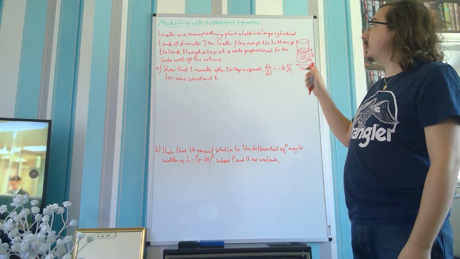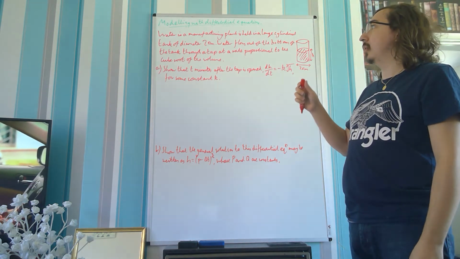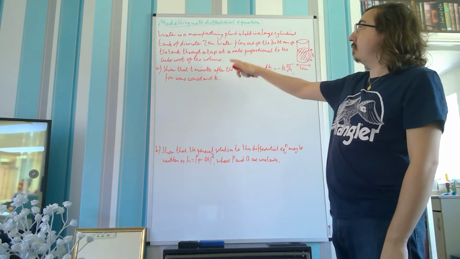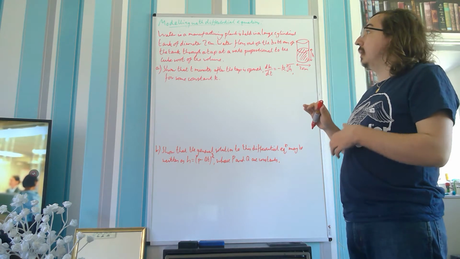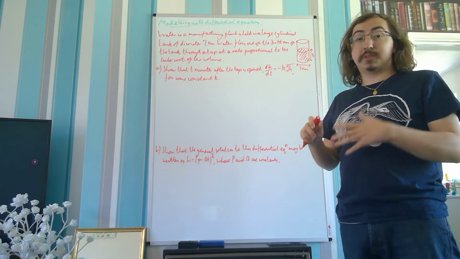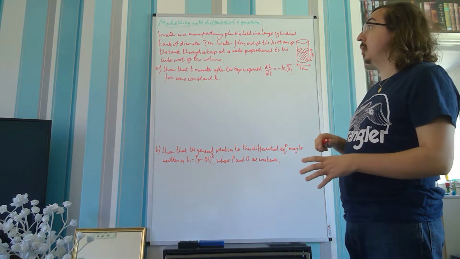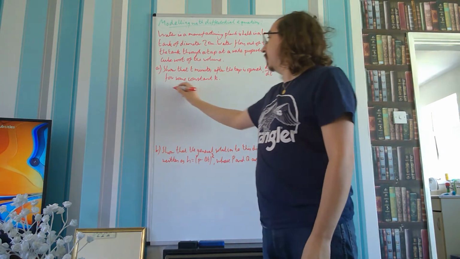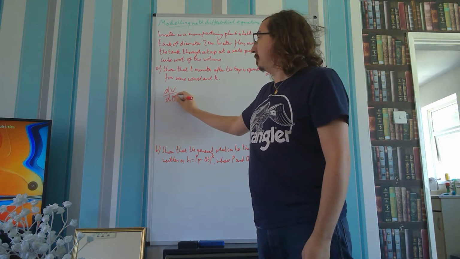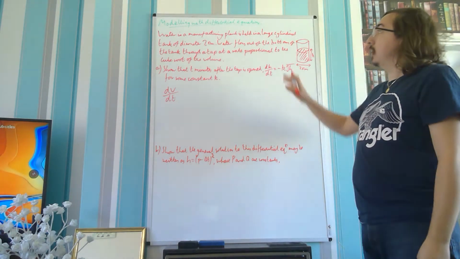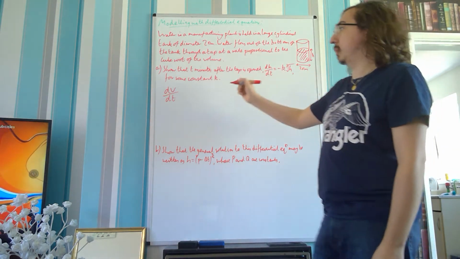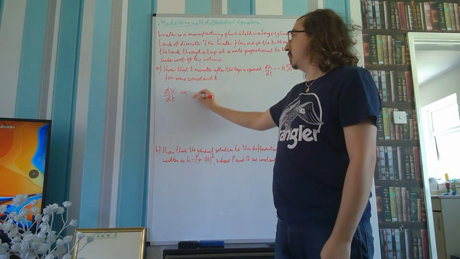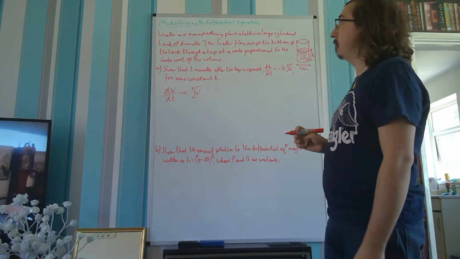So we're told water flows out of the bottom of the tank through a tap at a rate proportional to the cube root of the volume. So we can actually write this mathematically. It is the water that's coming out, so it's the volume of water that is going to change, and it's at a rate, so it's over time. So you have dV by dt. Now we've got proportional, so we can put our proportionality constant, and it's proportional to the cube root of the volume.